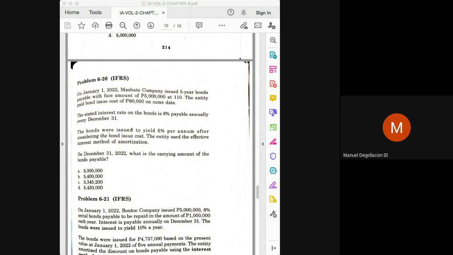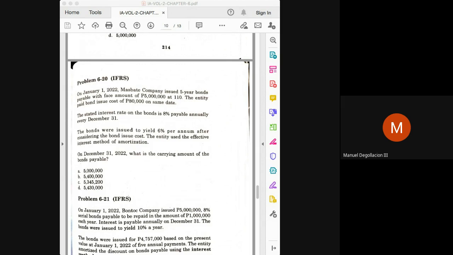So 5 million times 8%, you would get 400,000. Compare 400,000 and the interest expense of 325,200, you would get a difference of 74,800. The 74,800 will represent the amortization on the premium.